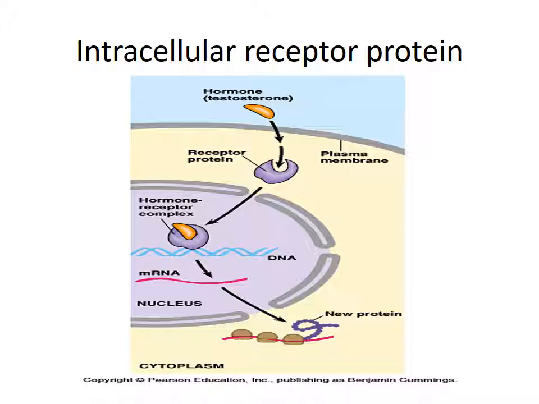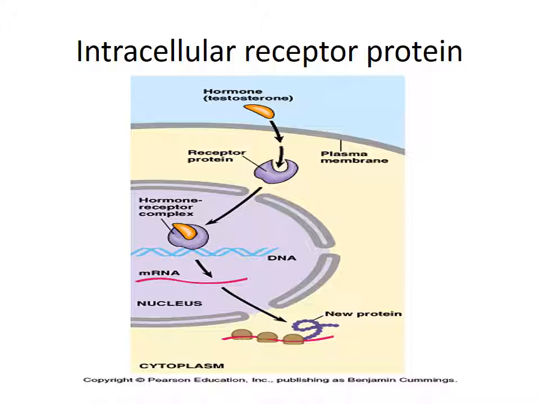The third type was the intracellular receptor protein. With the G protein and the tyrosine kinase receptors, remember the signal molecule or the ligand is going to dock onto those proteins outside the cell, on the exterior part of the cell. Well, intra means inside or within, and the intracellular receptor protein, just look at it, it's inside the cell already.